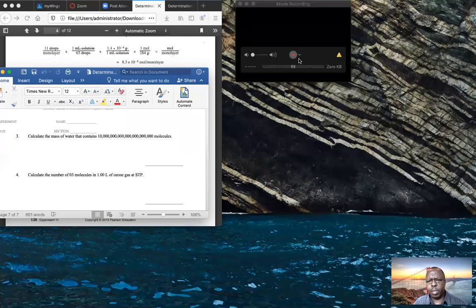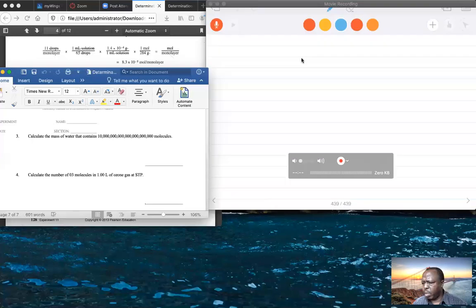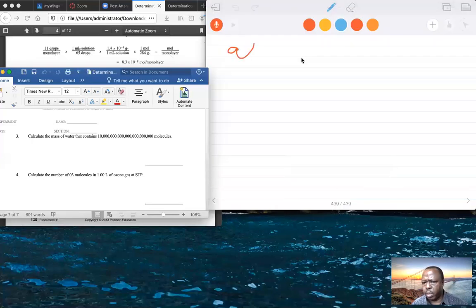Condition at STP, at standard temperature pressure, 1 mole of any gas.